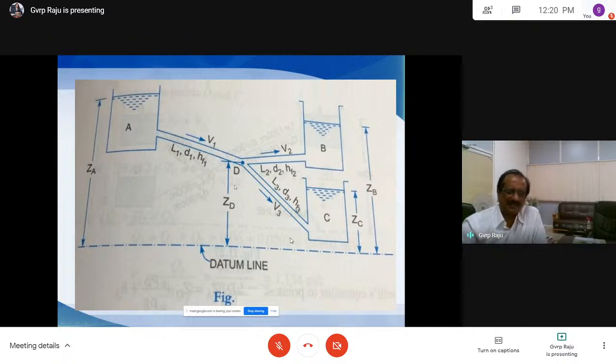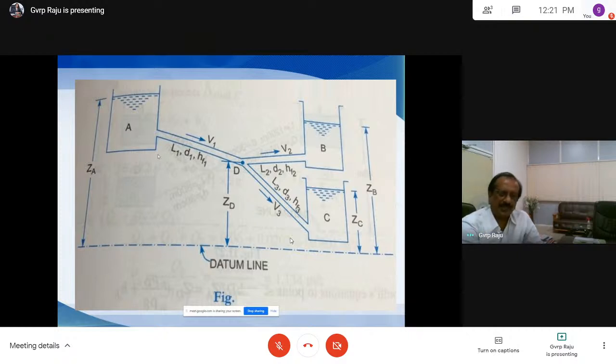Then how will you analyze? How will you solve these problems? One is to use the discharge equation. The other is to use Bernoulli's equation. With the help of Bernoulli's equation and the discharge equation, we can solve any number of problems here. So the first one is the discharge equation.